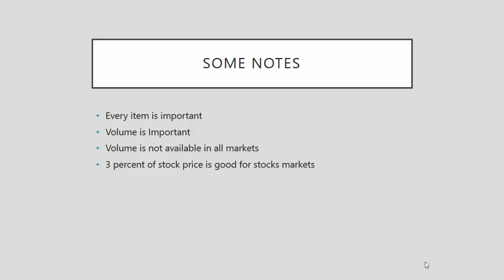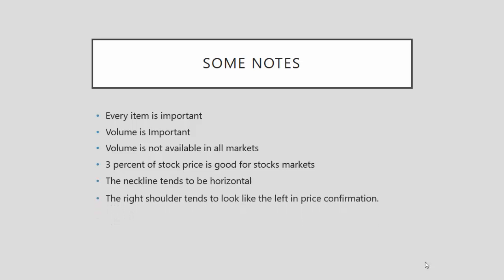You should get familiar with the shape of head and shoulders and compare the considerable penetration with the shape, not only the amount. The neckline tends to be horizontal, and the right shoulder tends to look like the left in price confirmation. Of course, not in volume, as we said before.